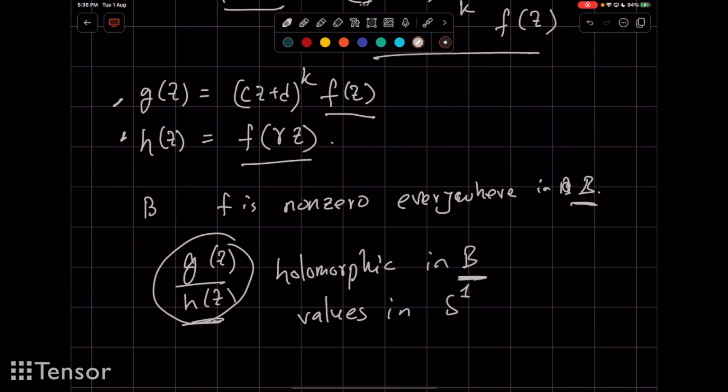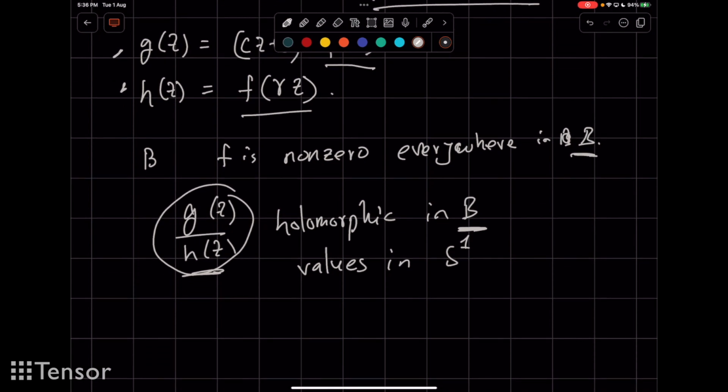But B is open, and the image set of this function is some subset of S1. A subset of S1 cannot be an open set in the complex plane, right? So therefore, this function cannot be non-constant. So it must be a constant function.